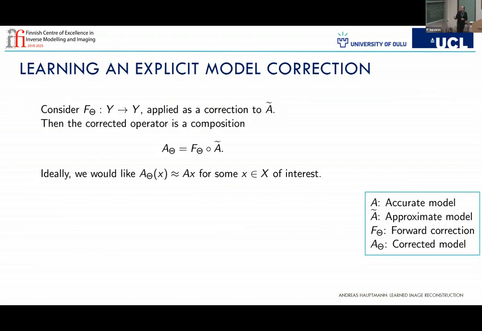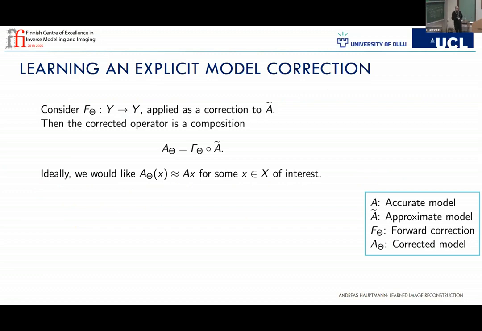Good. So now I have a bit of a glossary here, and this will blow up at the end because we're having a lot of different operators coming into this game. As I said, we have an accurate model, we have our approximate FFT model, and now a forward correction that operates in data space, and then we obtain a corrected forward model.